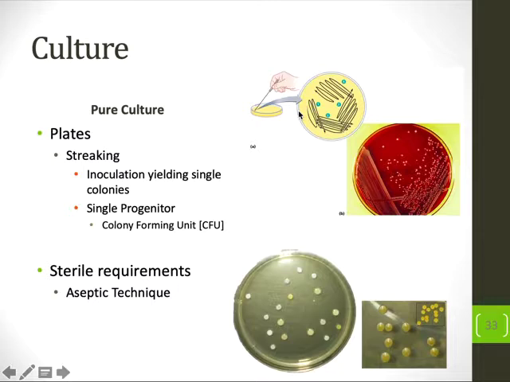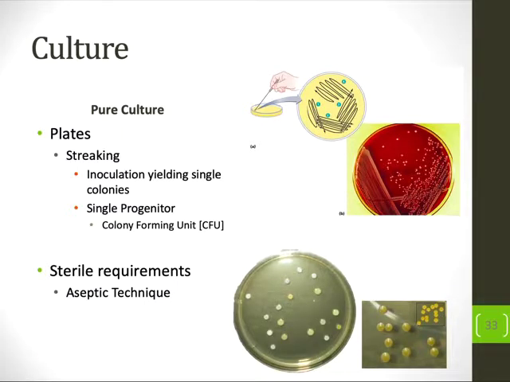So you streak so that you end up with single colonies like that. So you have the first streaking, second, third, and fourth, and as you're going, you're reducing the amount of organisms that you're taking to the next quadrant. So that finally, in the last quadrant, most likely you would have isolated colonies. So those are isolated colonies.